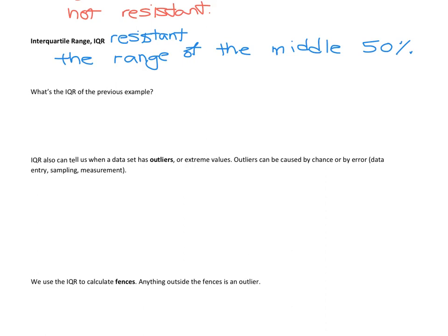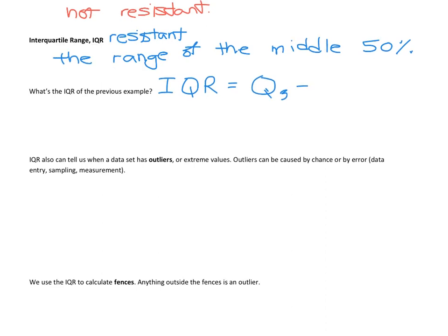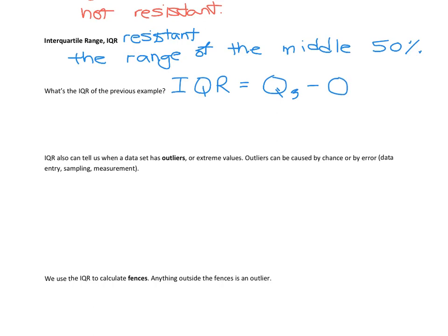So the IQR, it's the third quartile minus the first quartile. So in our previous example, the third quartile was 38, the first quartile was 28, and so the IQR was 10 miles per hour.